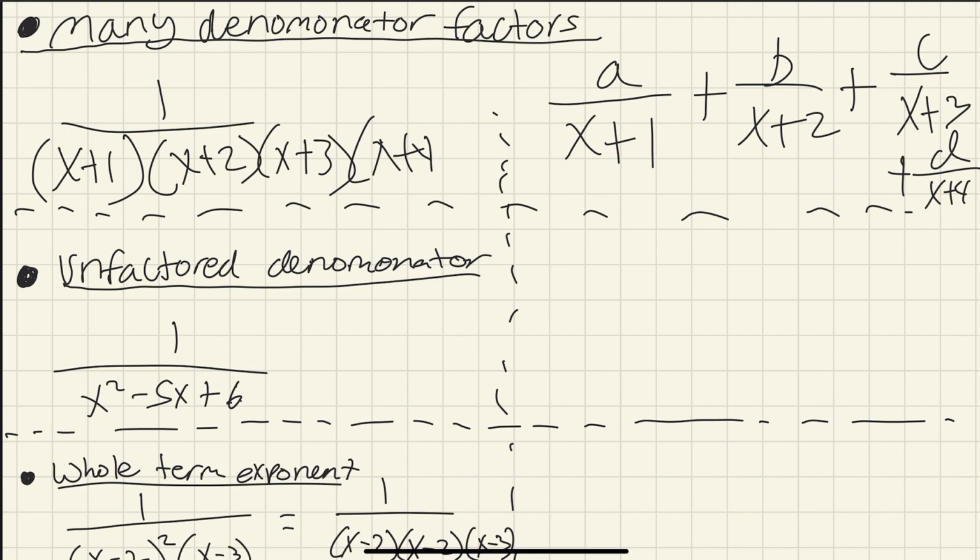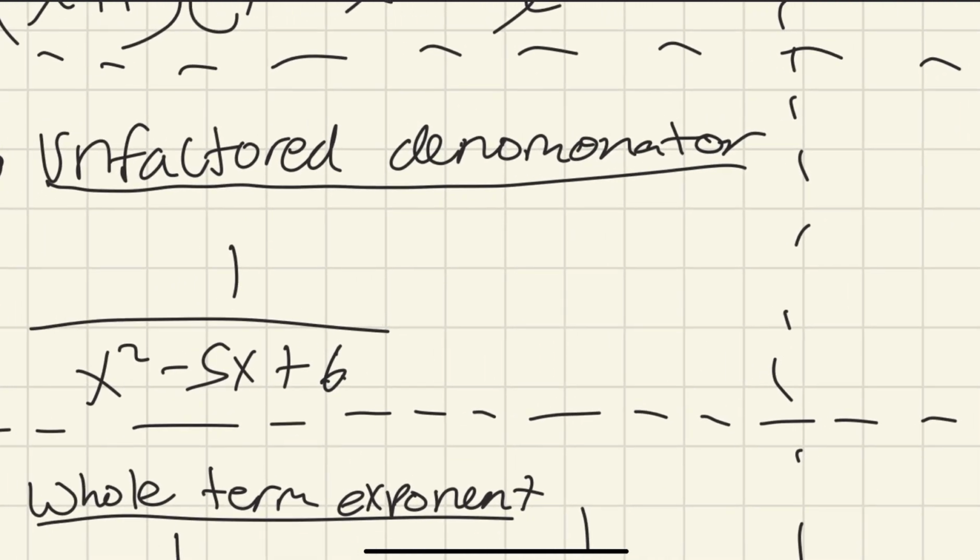They might give you an unfactored denominator. So, in this case, I'm going to write it on the left here. You would really just have this and then factor it. So you're going to want to factor it. This is actually the denominator I gave you before.